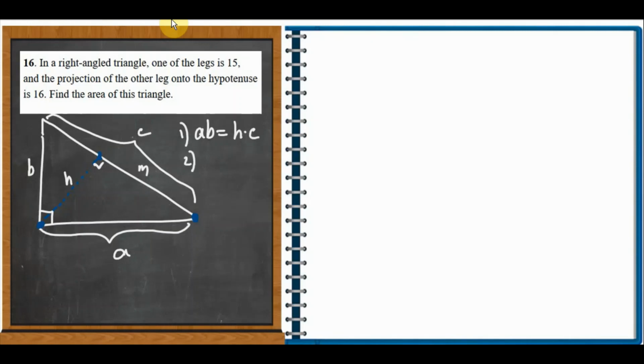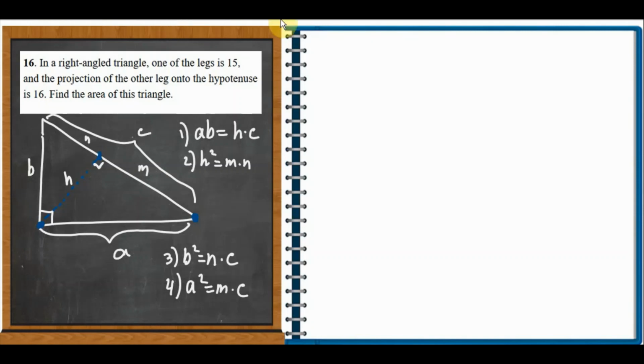The second, H squared is equal to, if we suppose that those two segments are M and N, so this is N, H squared is M multiplied by N. The third one is B squared is equal to N multiplied by that hypotenuse. The fourth one is A squared is equal to M multiplied by the hypotenuse.